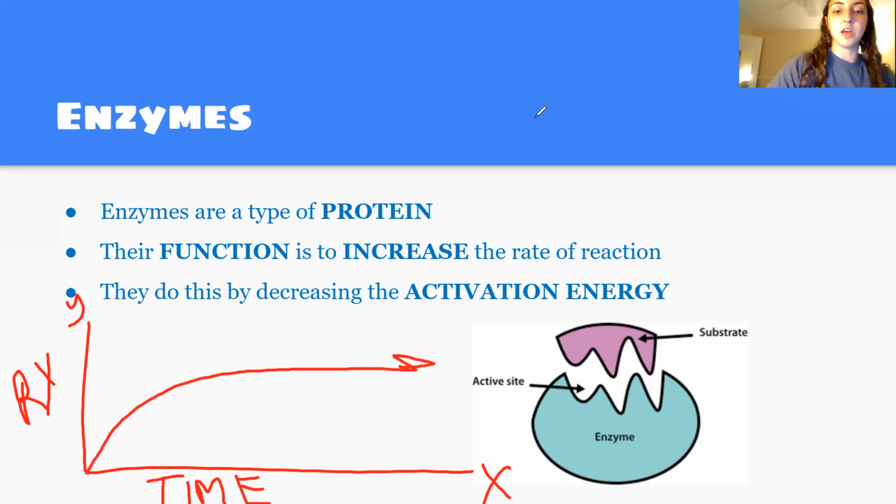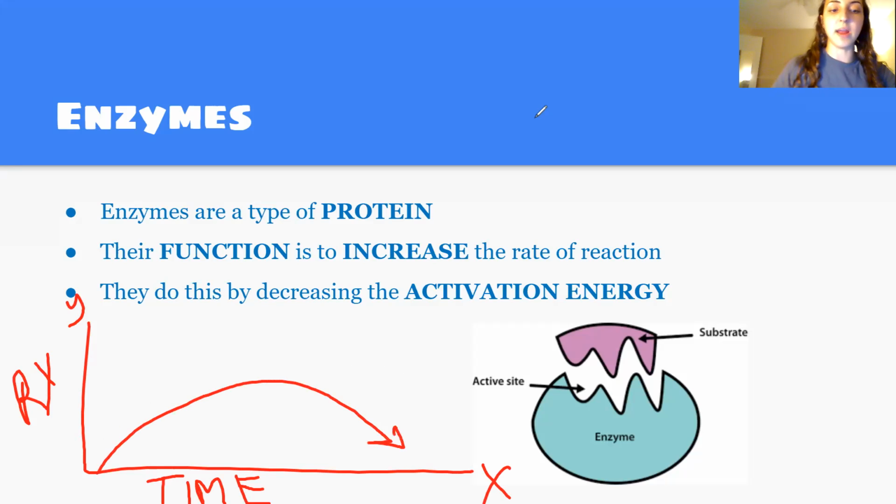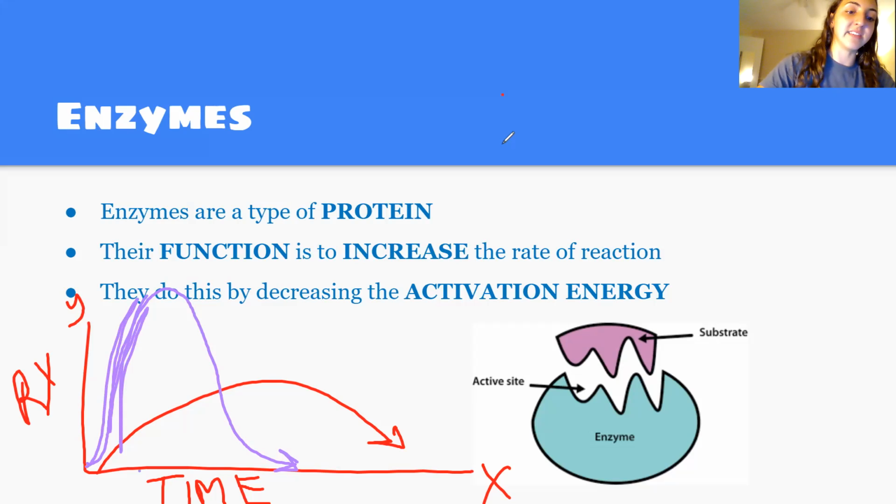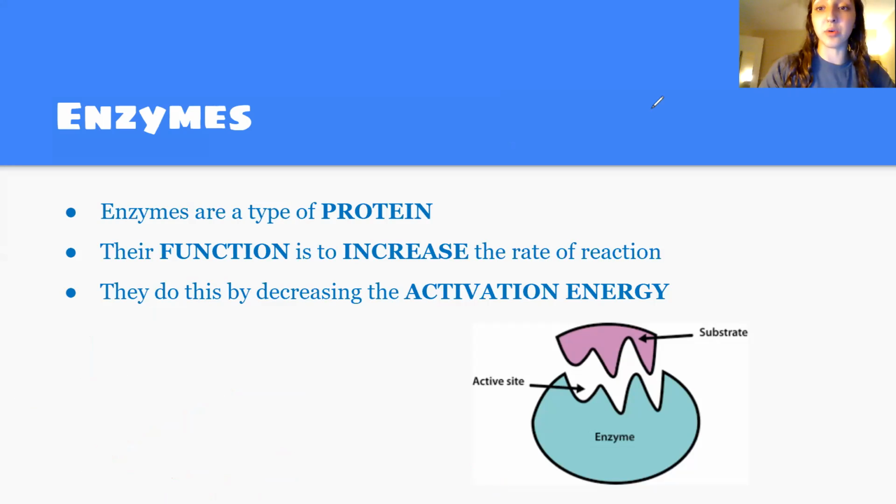This is the rate of reaction for a normal reaction. Our proteins are going to come in here and help speed things up by making the reaction go faster, so it's going to take a lot less time to go through this reaction.